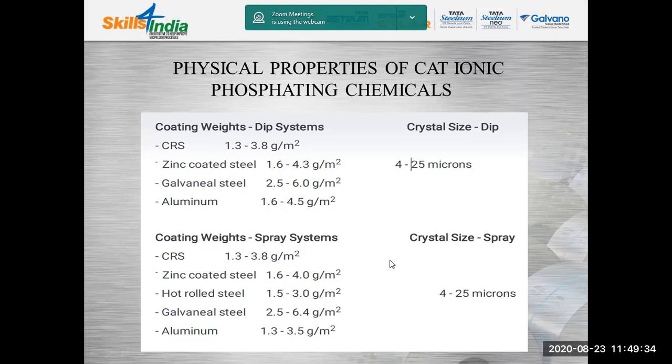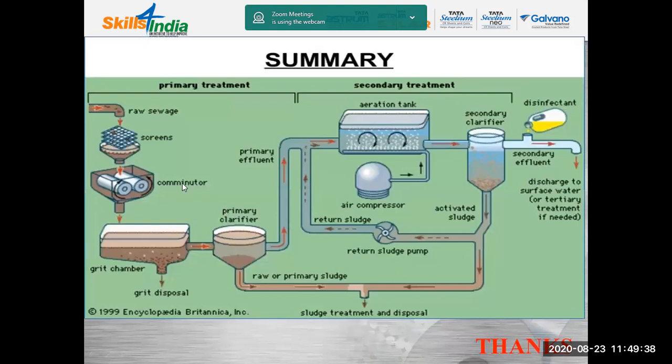Coating weight of different metals. This is the raw water, you can see. This is basically a diagram of the effluent treatment plant.